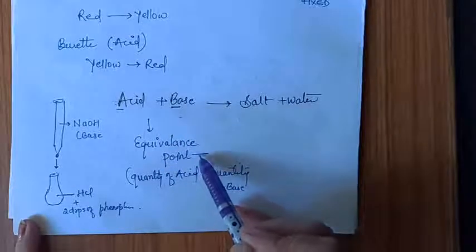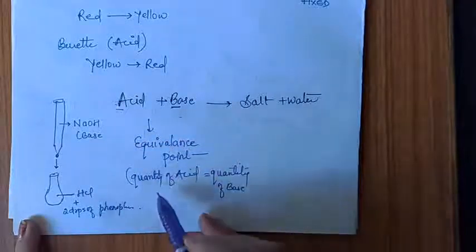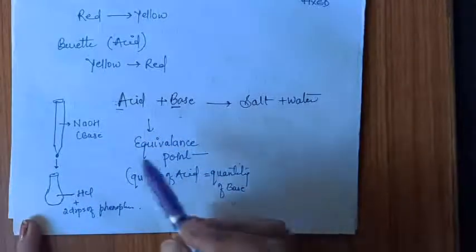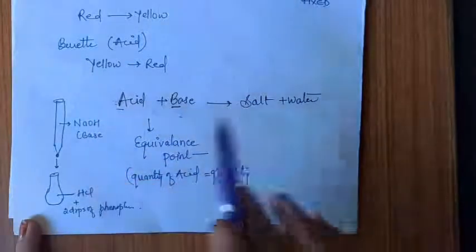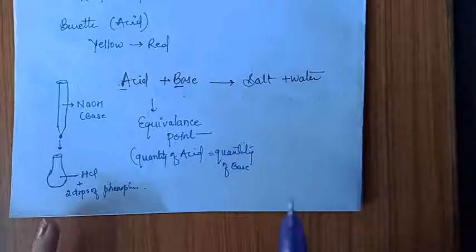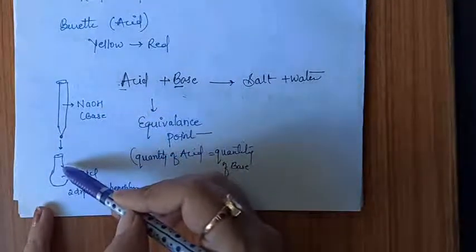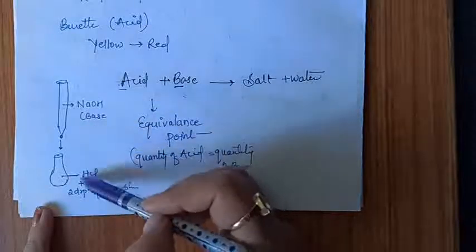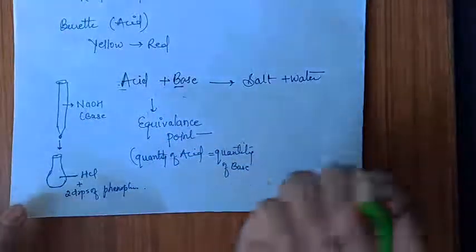And equivalence point is what point? It's the point till which the quantity of acid and base is equal. So you are adding NaOH continuously in HCl, but there will not be any change. But as soon as 1 drop of NaOH is excess, okay, means HCl entire, supposingly for making you understand this concept, I use some numbers.